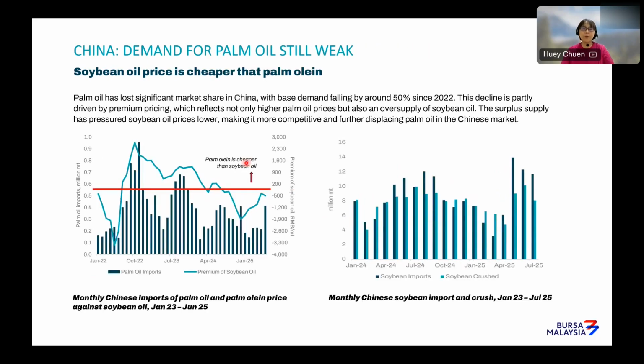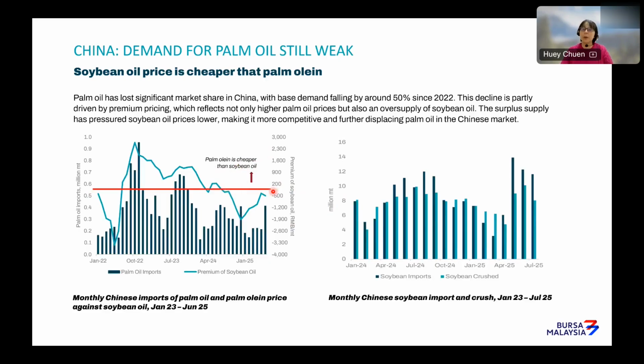So for China, as I mentioned, palm oil has been trading at a premium. This red line is the parity for both prices. Price below the red line, palm is at a premium. Above, palm oil is cheaper. So palm oil has been trading at a premium to soybean oil since I think October or November 2024.